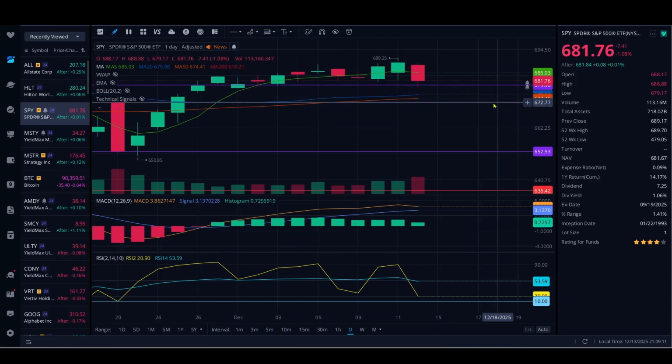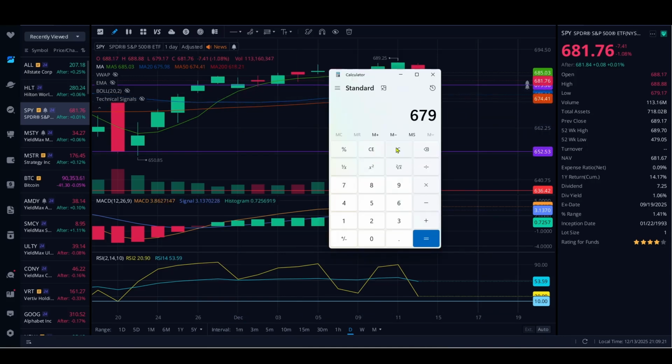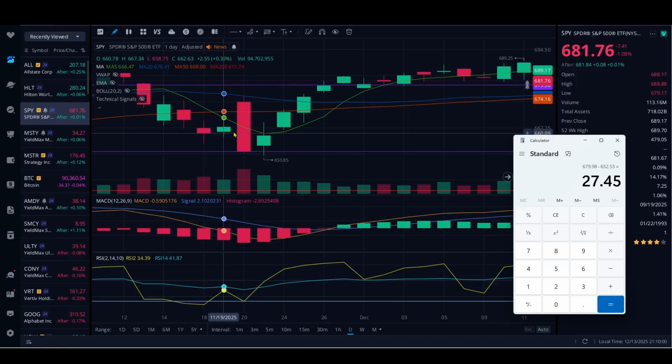So that difference of 679.98 minus 652.53. That's going to equal $27.45. Now don't forget, we made that $5 gain right over here by putting our stop because of that huge $10 jump up overnight.